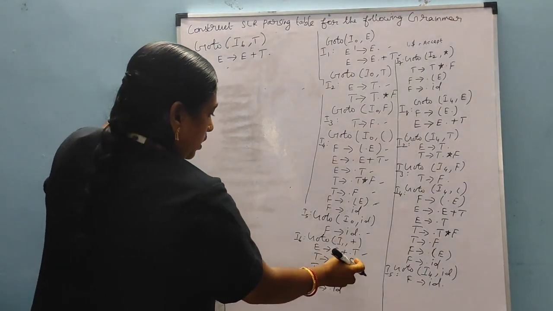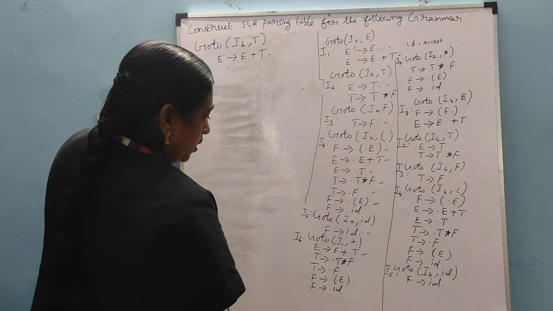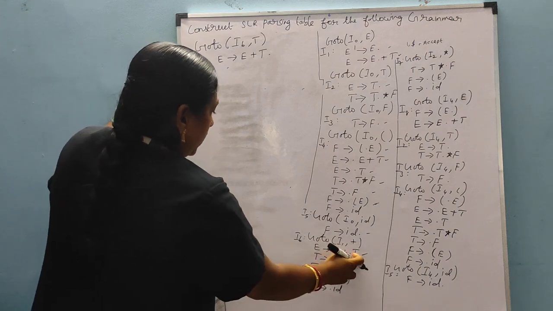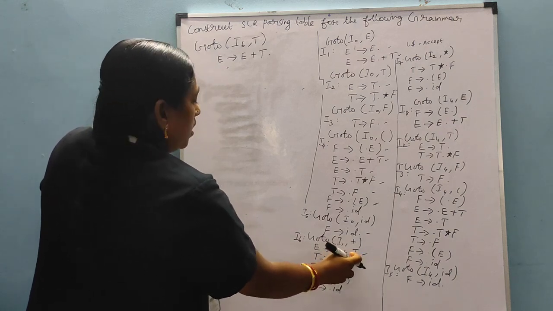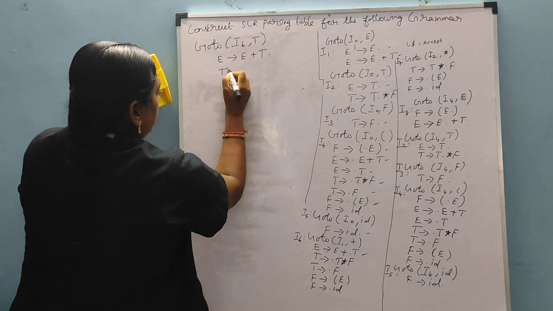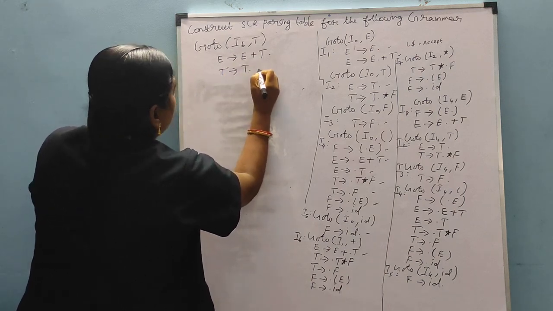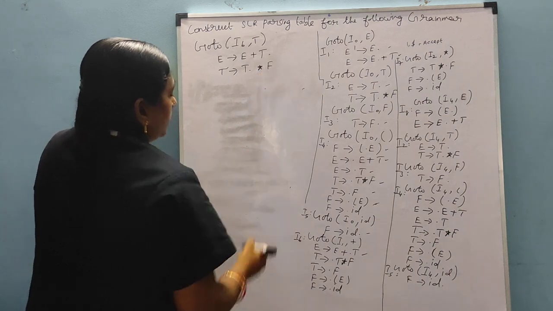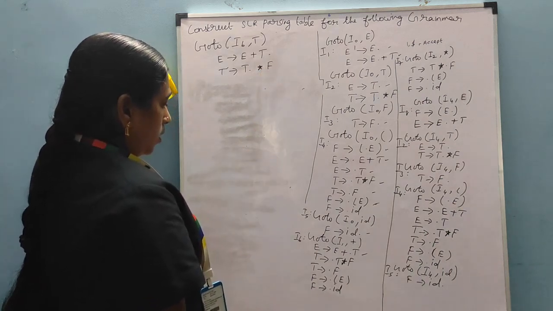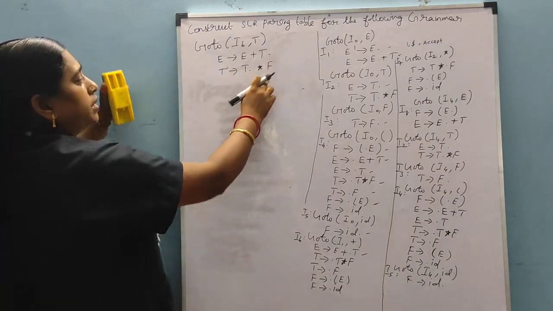Check whether any other production will be present or not. Movement as T. Yes, another production is also present, right? With the T. Yes, T dot star F.